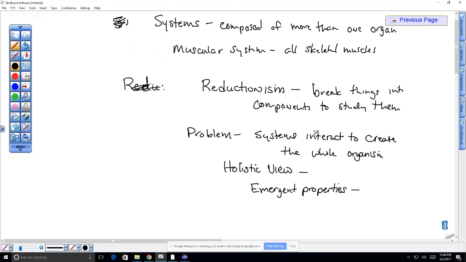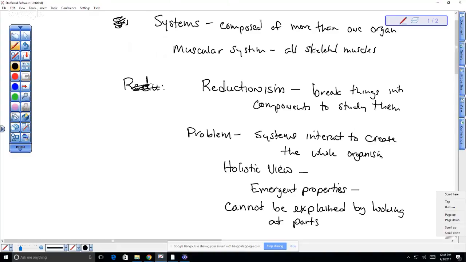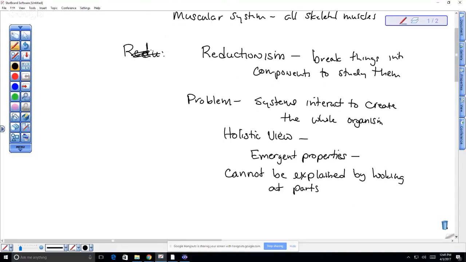Okay, so emergent properties cannot be explained by looking at the parts. Okay, so we start to put things together.